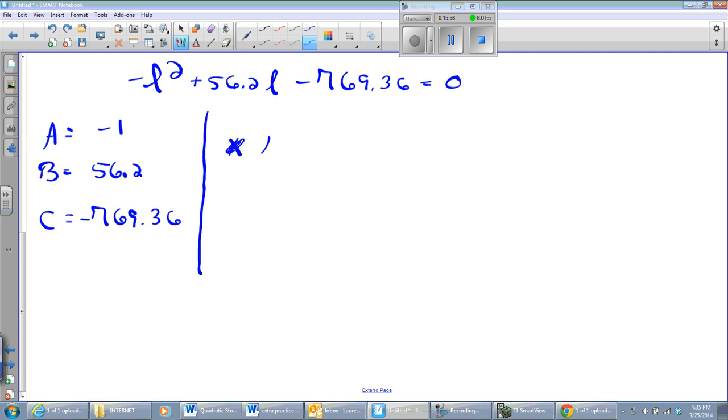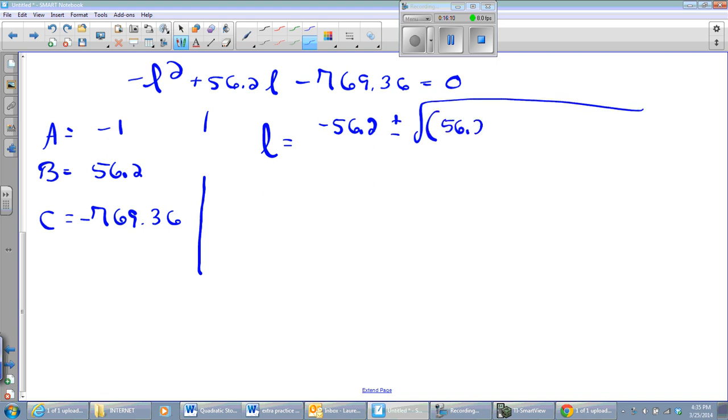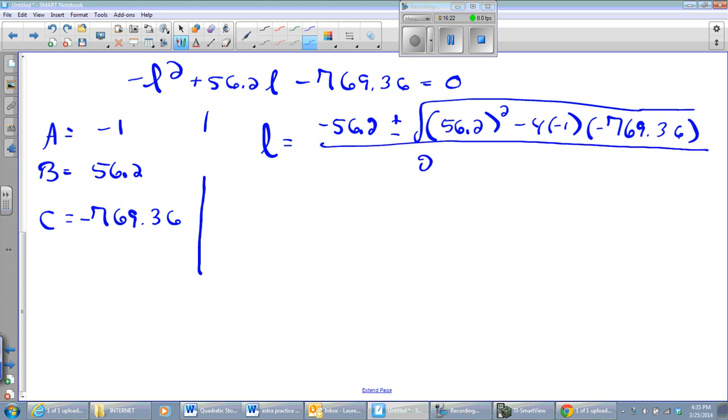And actually, in this case, it would be L equals, not X, because I'm using L as my input variable. So, negative B plus or minus the square root of B squared minus 4AC, all over 2A.